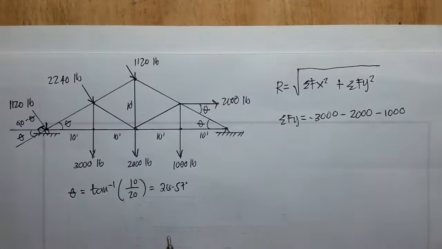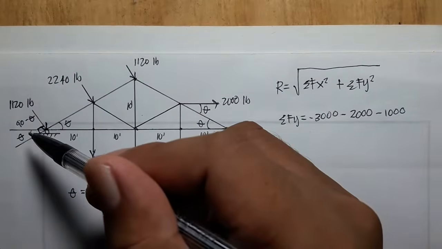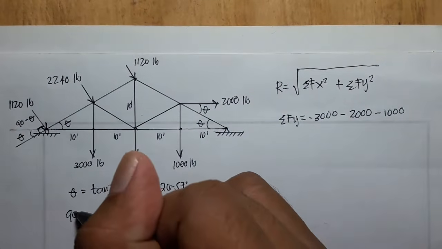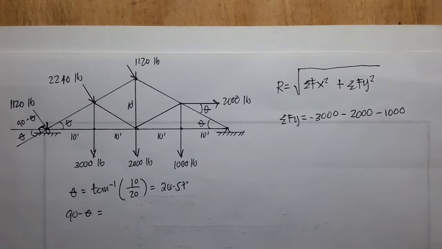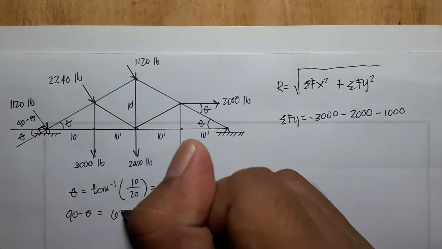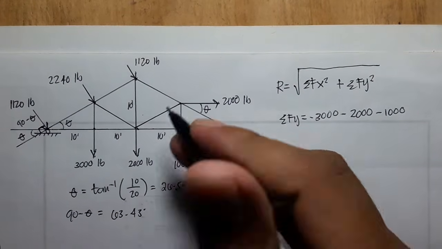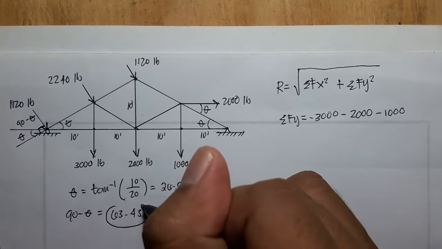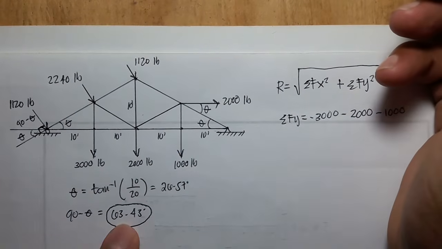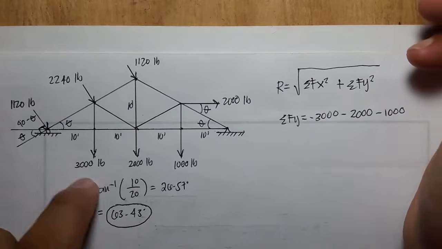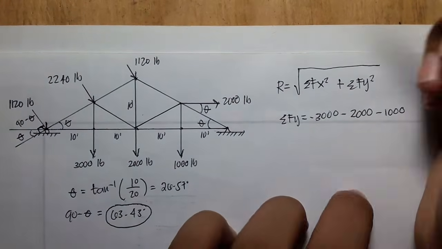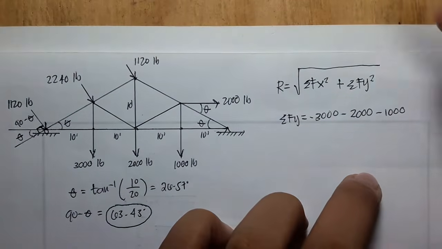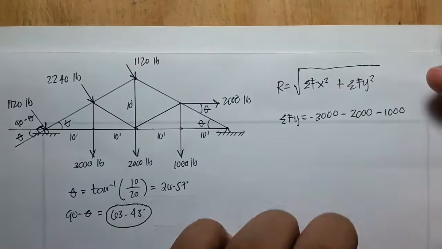This is our theta. So 90 minus theta is equal to 63.43. This is the angle I am going to use to find the y components of these three forces.